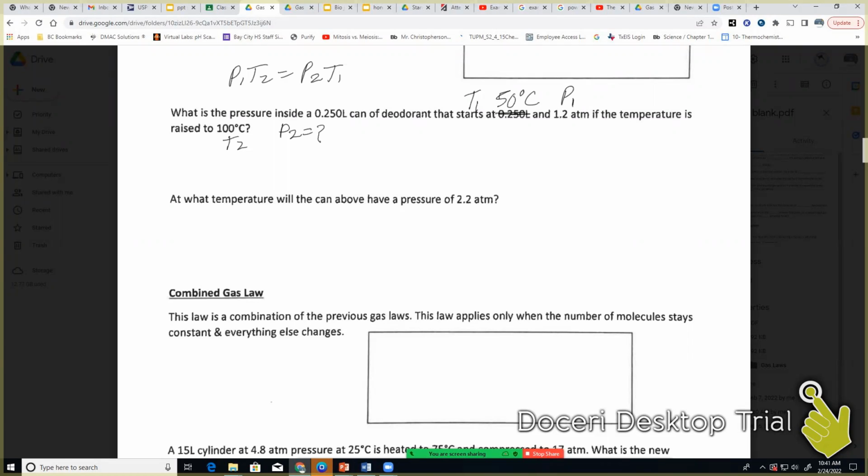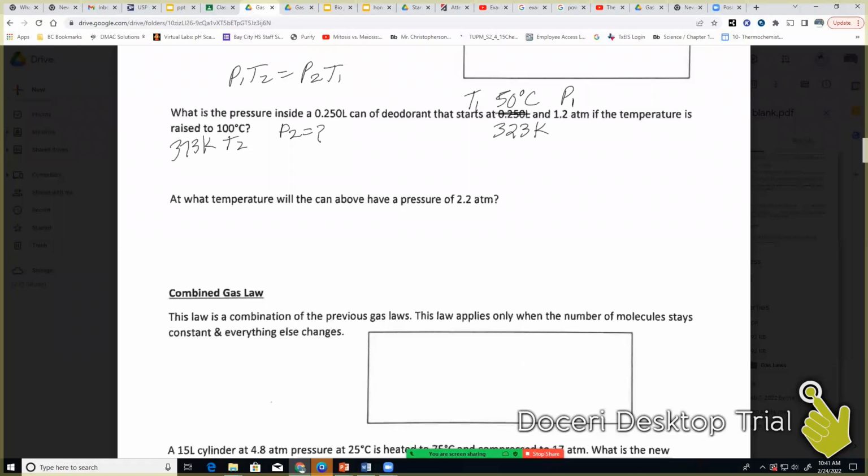So real quick, I'm going to change my temperatures to Kelvin because they're both in Celsius. My 100 degrees Celsius becomes 373 K. And my 50 degrees, when I add 273 to that, becomes 323 K. All right, now I think I've got everything organized, so I'm just going to start filling in.